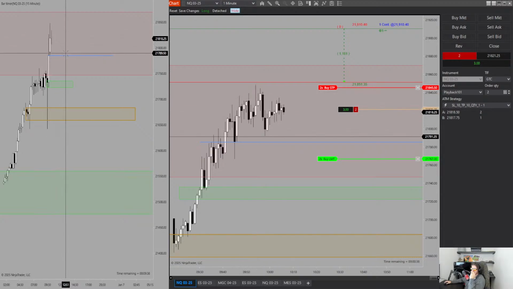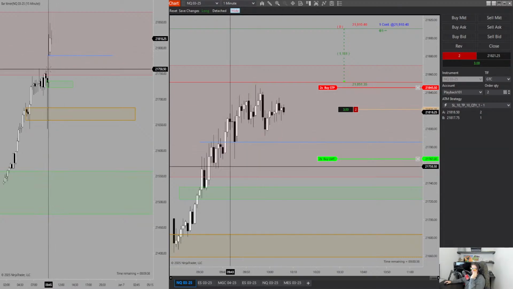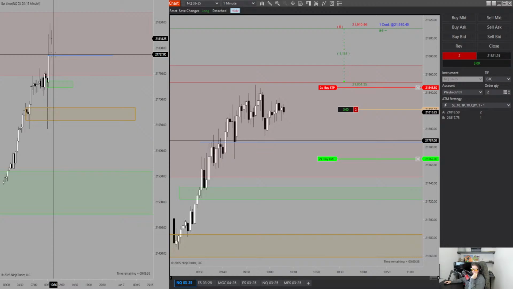The 15-minute candle at least looks like it wants to come back down into this imbalance.